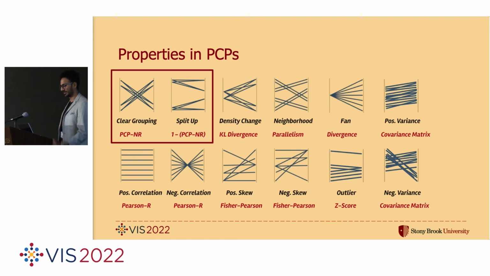For split up and clear grouping, we used a different technique called PCP-NR. I'll skip the details for simplicity in this presentation, but feel free to refer to it in the paper. Once we have all these calculated properties, it updates the heat map as you saw in the tool, and then you can reorder axes based on your liking.